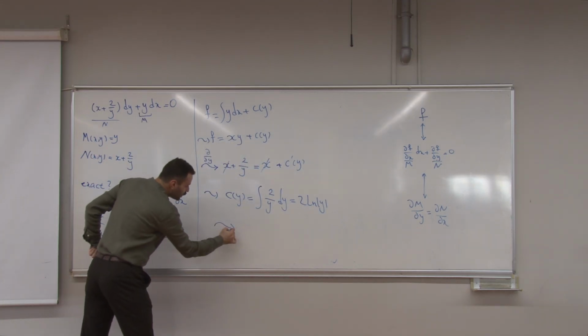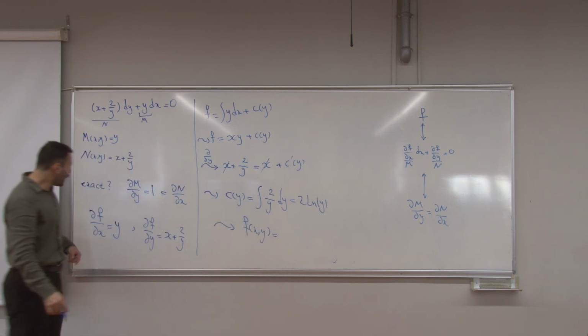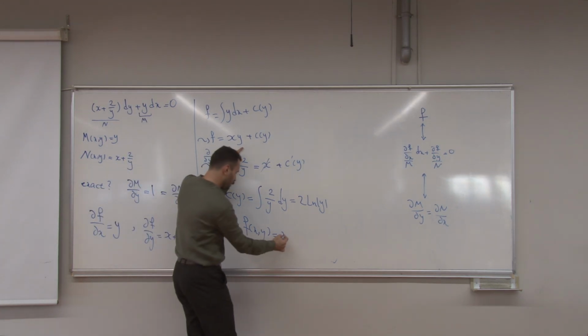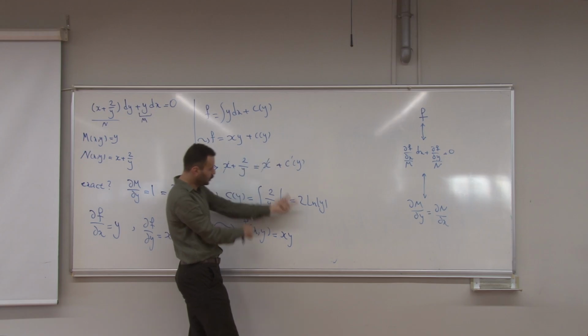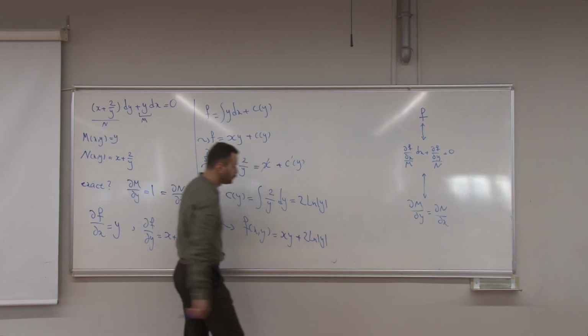So from here, what is our function f(x,y)? I have been able to discover one part of it, and in this step, I have covered the rest, and it is 2 ln of absolute value of y.